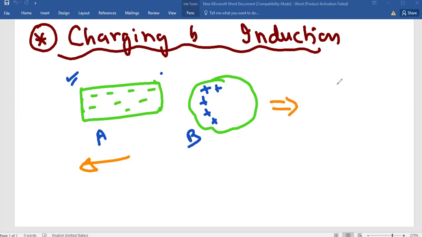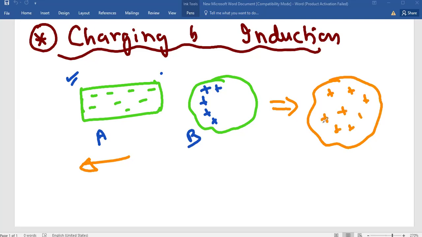All the positive charge will spread out, separated from each other as far as possible to minimize the repulsion. So we got the positively charged body. That means to charge the body by induction, we have to take an oppositely charged body from the beginning. Is it okay? Okay, good.